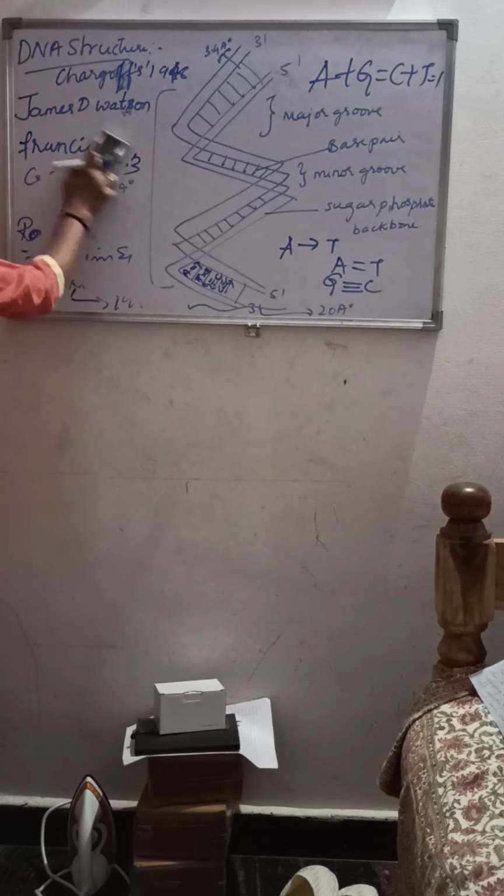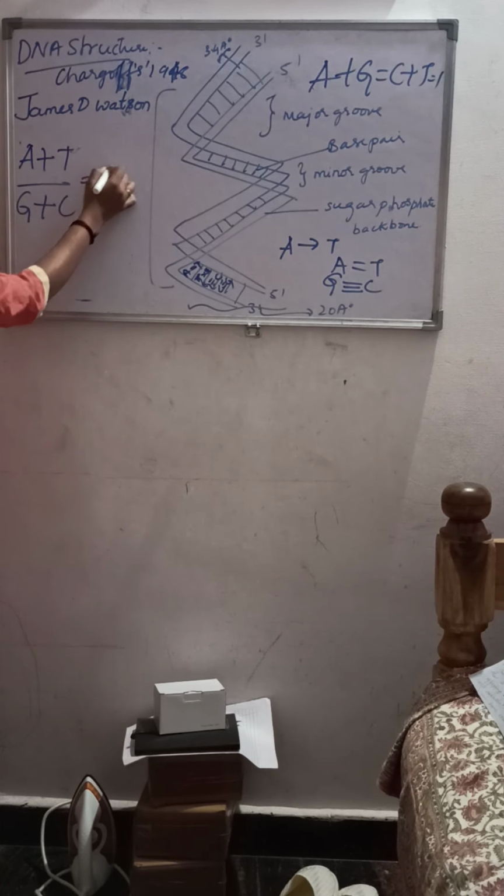The ratio of A plus T divided by G plus C is always constant. So the bases in the 2 polynucleotide strands are complementary to one another.